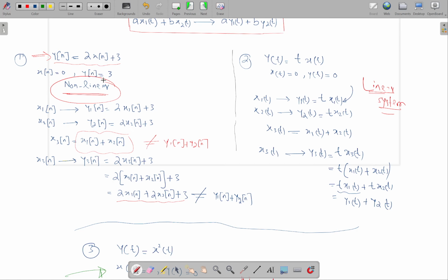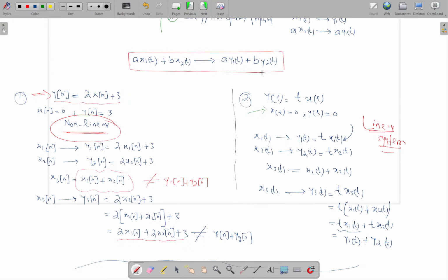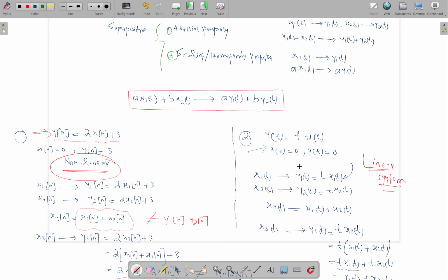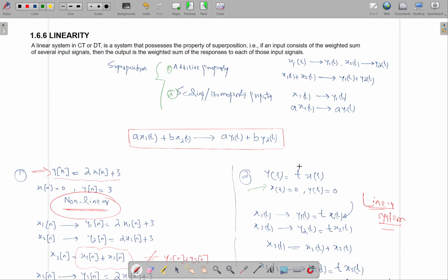But if it holds true, that doesn't mean that the system is linear. You still need to check it. For example, here we checked it, it's a linear system. It satisfied the zero in and zero out property. But in the second case, although it satisfied the property, the system was non-linear. So with this, we have concluded the system properties.